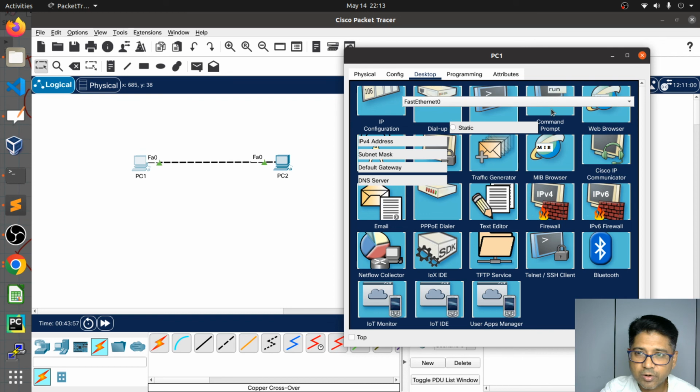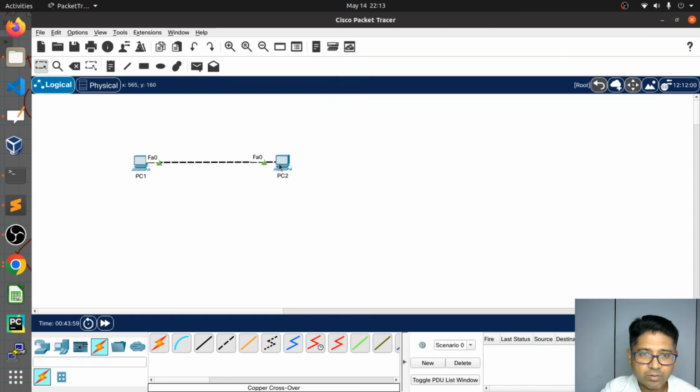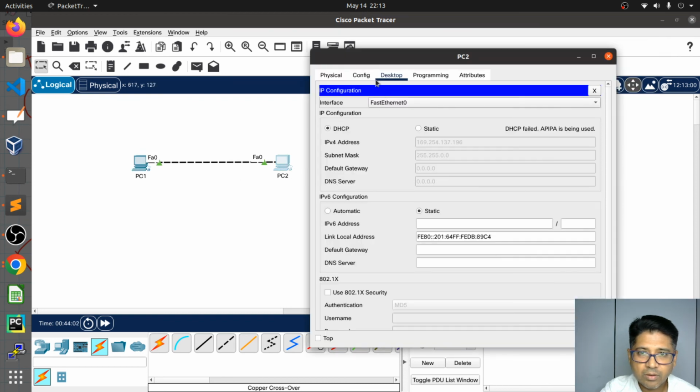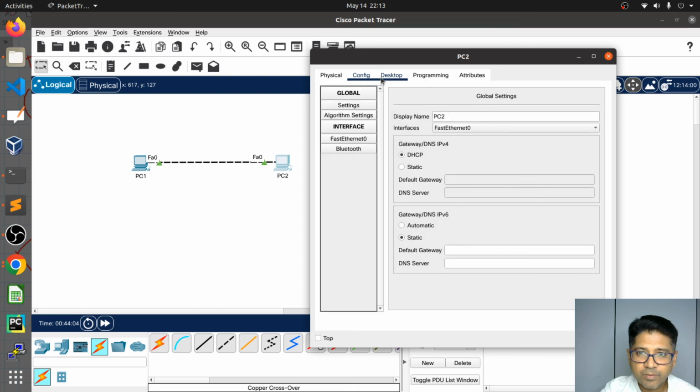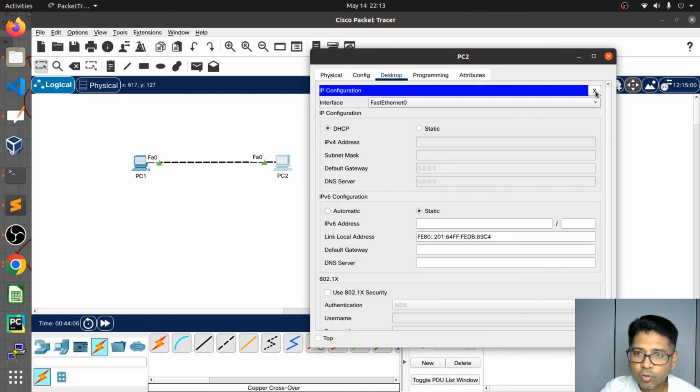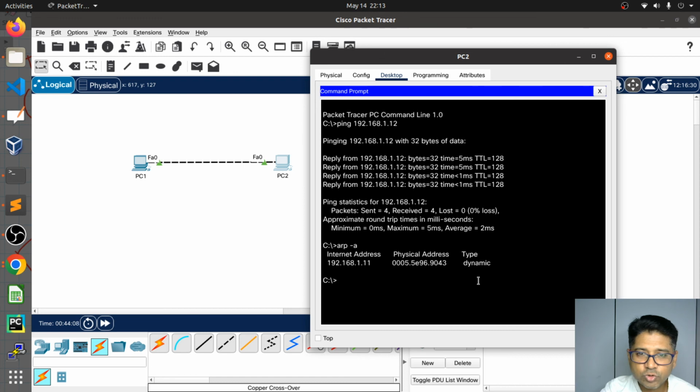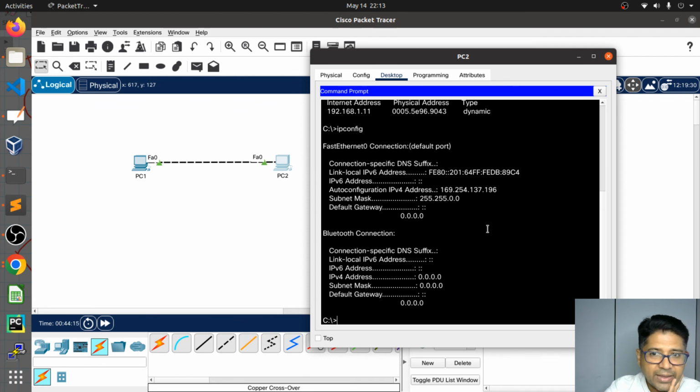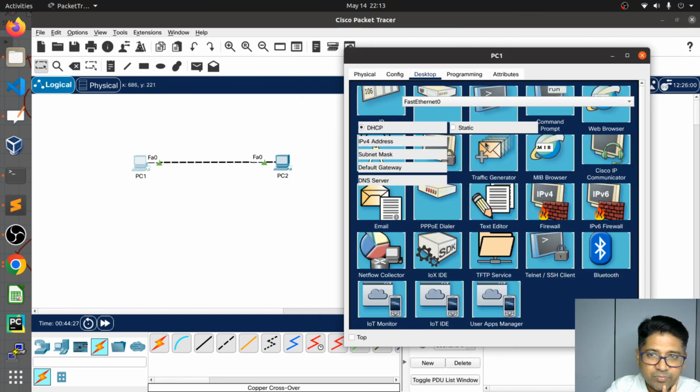I'm going to run ipconfig to check what my IP is. My IP is 169.254.137. I'm copying it from here.